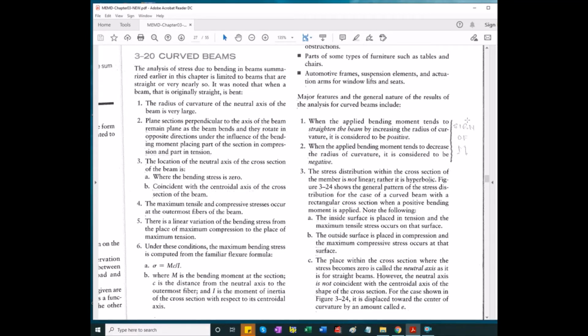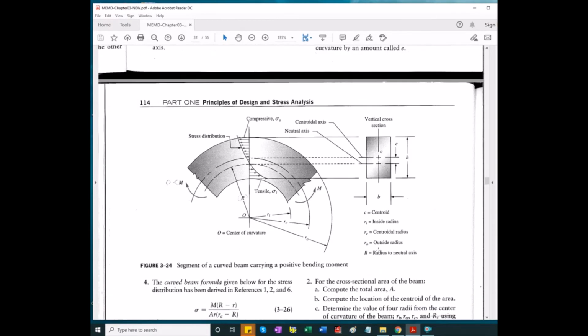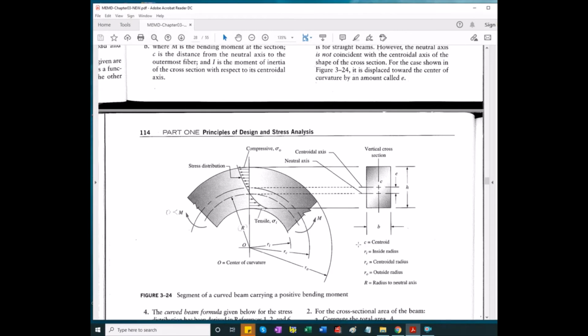This is essential. You need to establish whether the moment is negative or positive to correctly apply some equation that will be discussed in just a little bit. The stress distribution in the cross section is no longer linear, rather it has this parabolic shape. Same as with straight beams, if the bending is positive, I have compression on top, tension below.